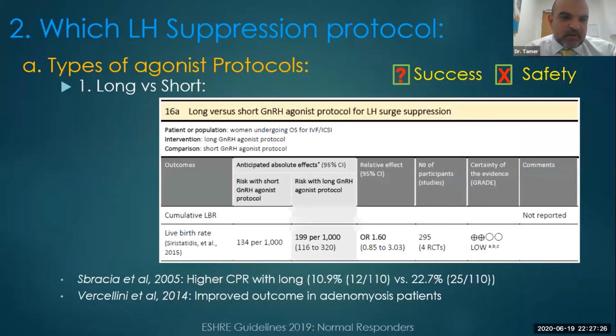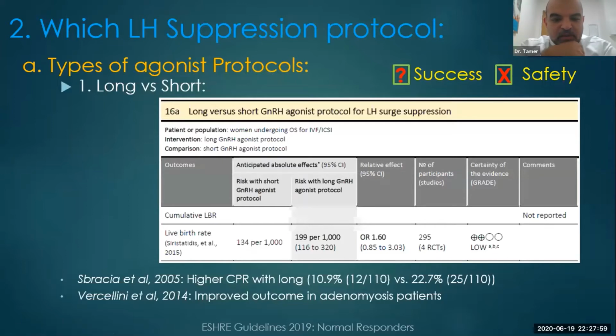So if we compare the long agonist protocol with the short protocol, which as we just realized most of us don't like, this meta-analysis of 4 randomized controlled trials, not a lot of participants, about 300 or so, just said that both of them are equal. But other studies and other randomized controlled trials that were not included in this meta-analysis showed that there is higher clinical pregnancy rate with the long protocol than with the short protocol.